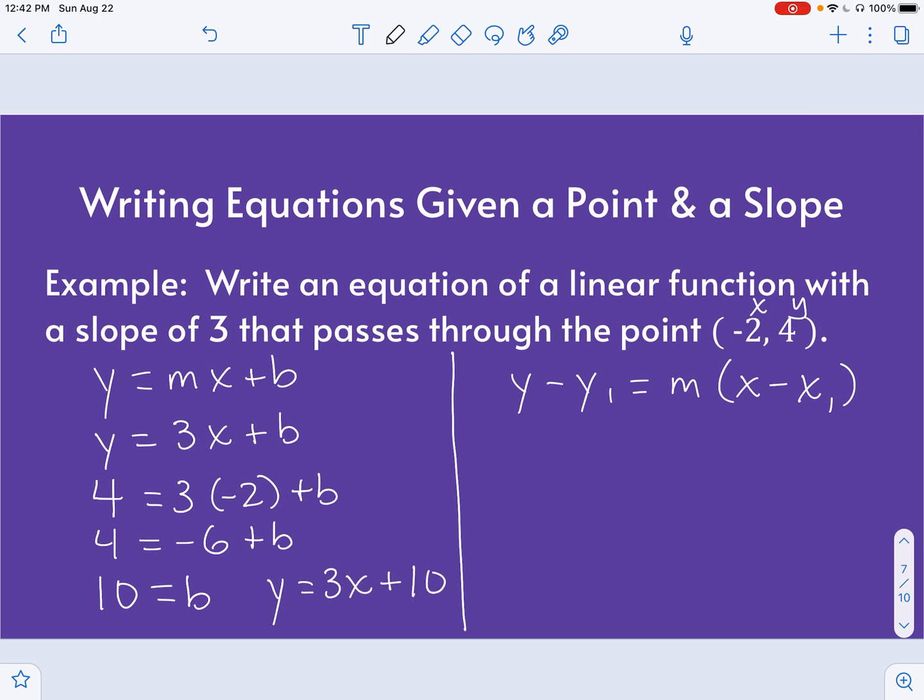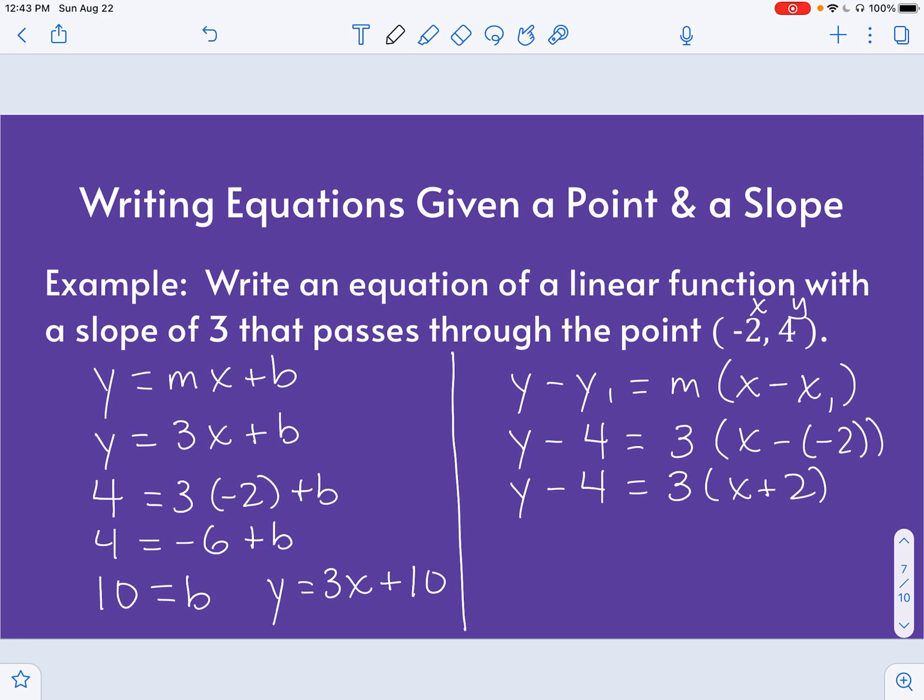You could do the same thing using point-slope form. You would plug 4 in for y1, 3 in for your slope, and negative 2 in for your x-coordinate. So then at this point, you're just doing some simplifying. So x plus 2.